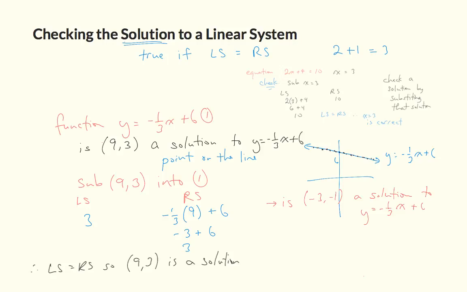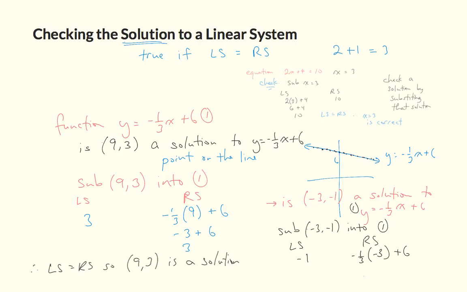Now, just to run a quick second example, how about the point (-3, -1)? Is that a solution to y equals negative 1/3 x plus 6? So I declare my substitution. I take the left side and right side separately. I find the left side works out to negative 1 when I substitute in the y value.